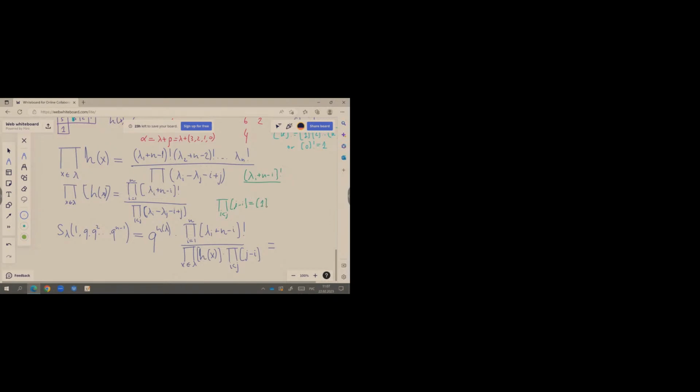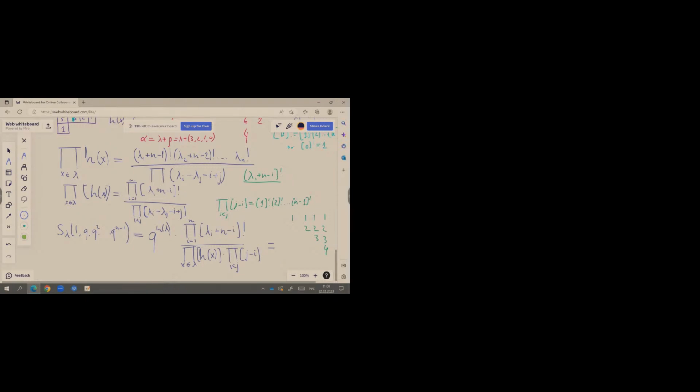This is 1 factorial times 2 factorial times etc. n minus 1 factorial. Do you agree with me? Yeah, because just write down this staircase product by rows or by columns. You'll get something like 1, 1, 1, 1, 2, 2, 2, 3, 3, 3, 4. If you multiply by rows, you'll get the product of factorials, and if you multiply by columns, you'll get basically this thing.